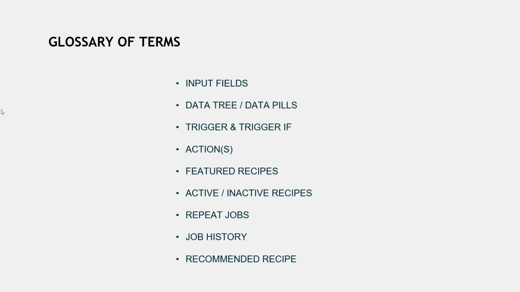Job history shows a list of completed jobs in a recipe. There are different states: processing, warning, complete, error. And a recommended recipe. Recommended recipes are recipes you might find useful based on the apps that you are using. You can get your own copy of a recipe by clicking get recipe and start using it. So these are the glossary of terms.